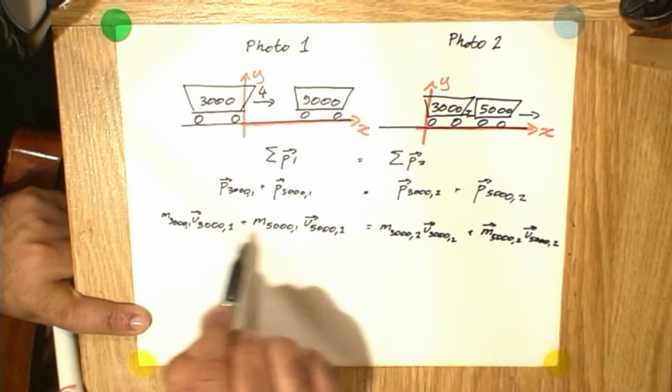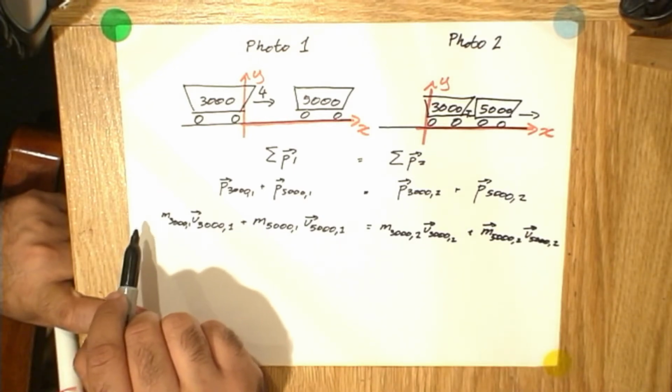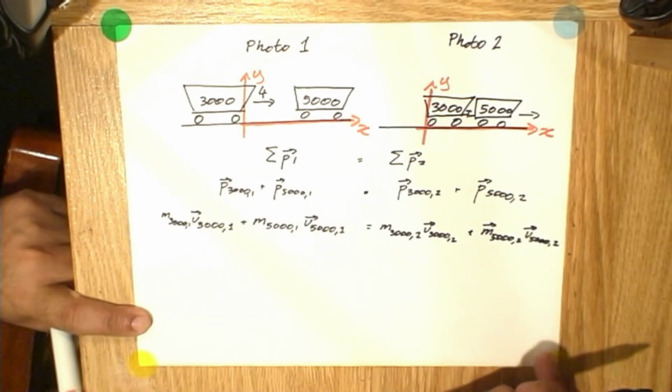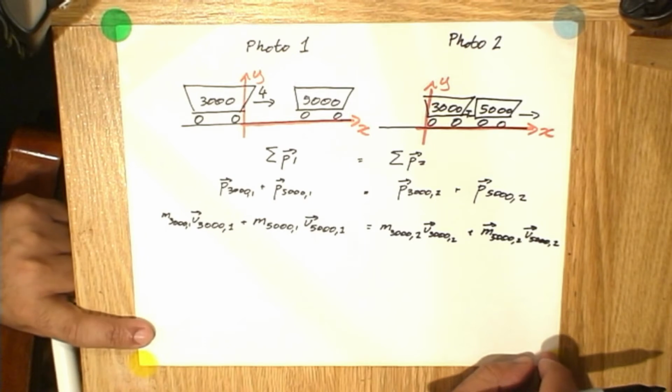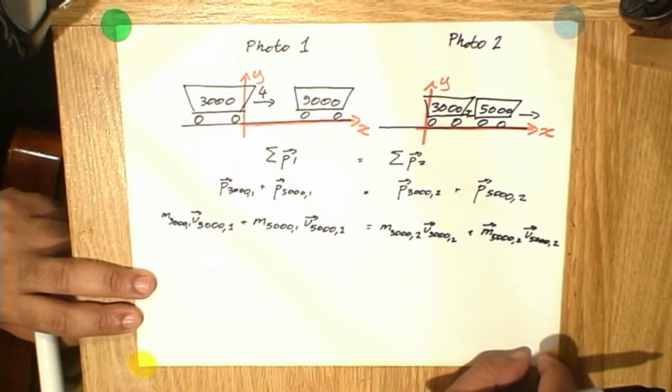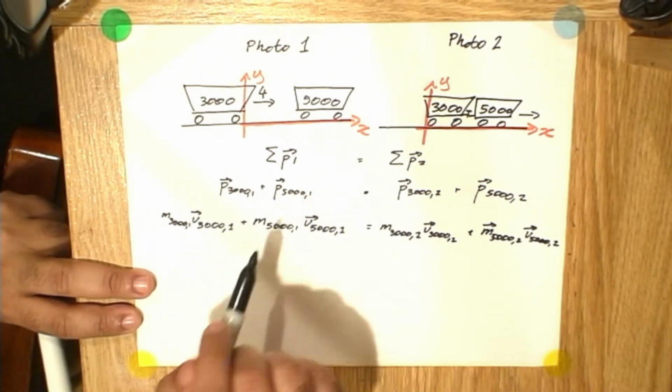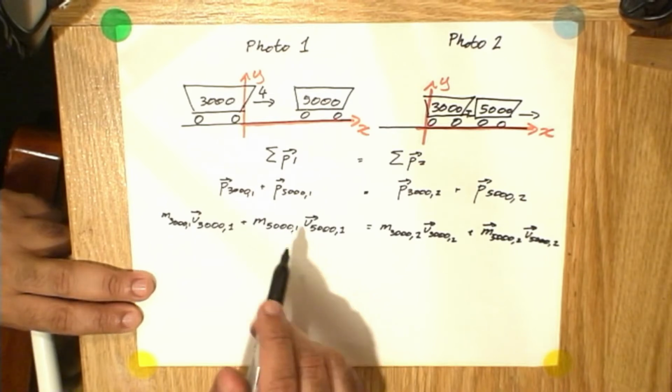This breaks down momentum into its simplest possible terms, just the masses and the velocities. So now, let's go ahead and plug in all the information we know.